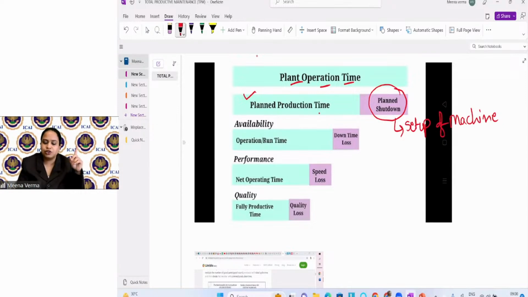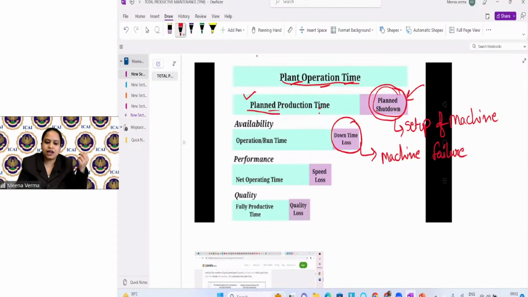So your plant operation time will include the planned production time plus planned shutdown time. We always take some time to set up the machine; that will be your planned shutdown. Next was downtime due to machine failure. Downtime loss means due to machine failure.